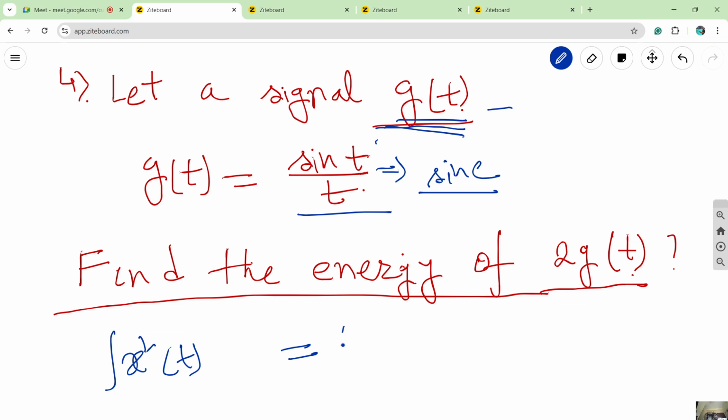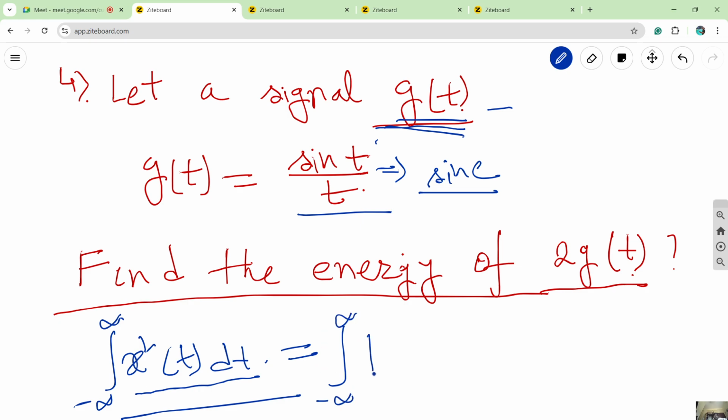And if you say Parseval's relationship, if you take the summation from minus infinity to infinity over x square t in this region, the same energy will be conserved in the frequency domain too. So we calculate the energy in the time domain. Energy is not created or destroyed, so it also stays the same in the frequency domain. So in the frequency domain, how do you take the amplitude? It is actually mod of X(f) square df.